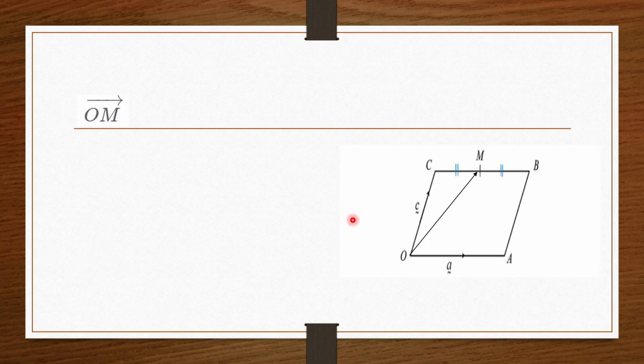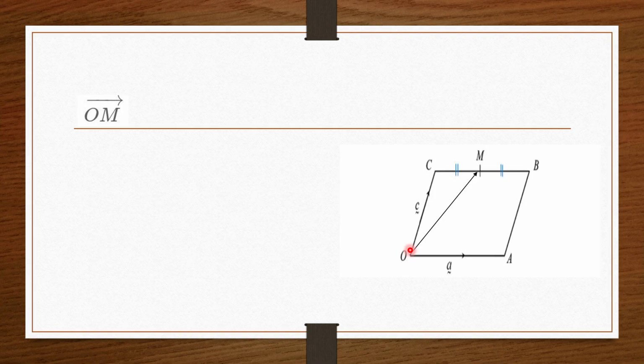Okay, find OM. So we must start from letter O and end up at point M. Here I have two routes to follow.